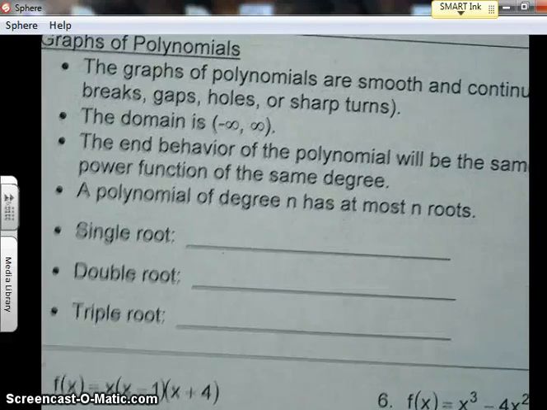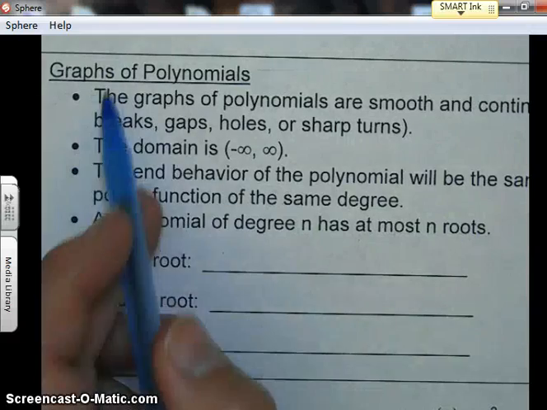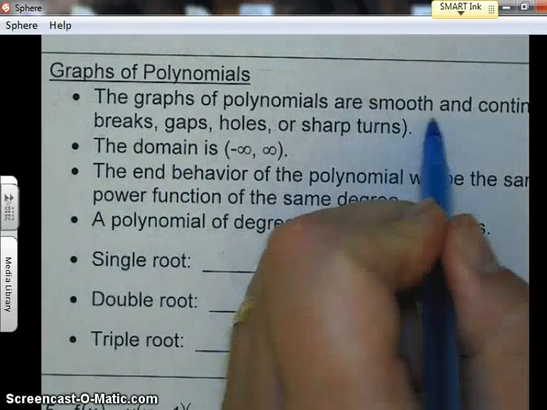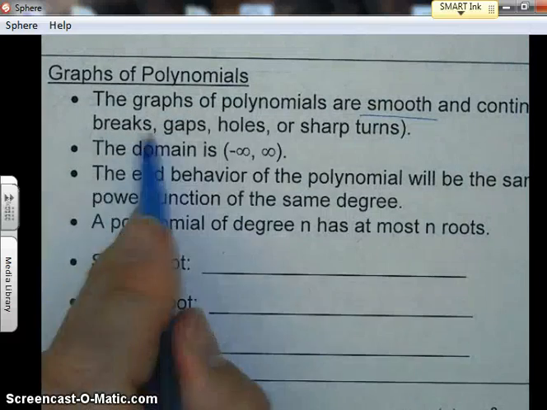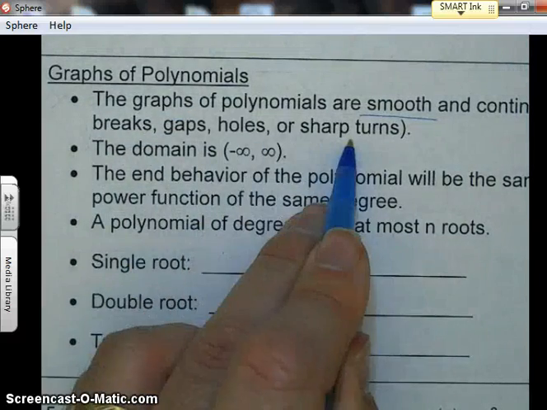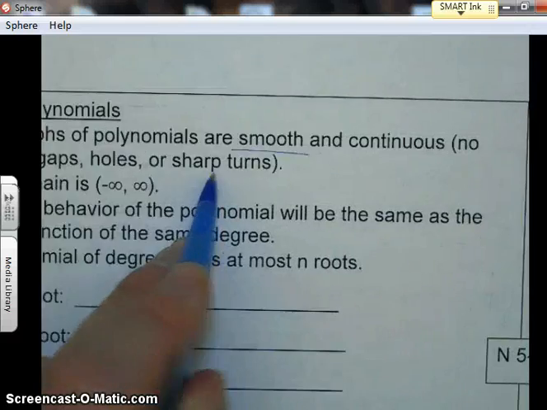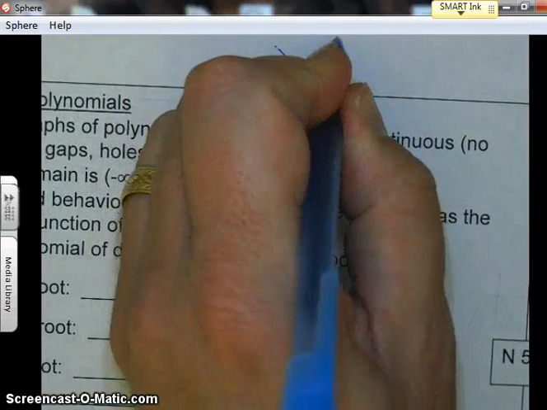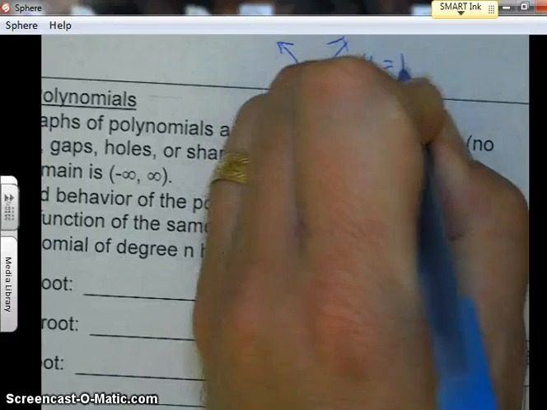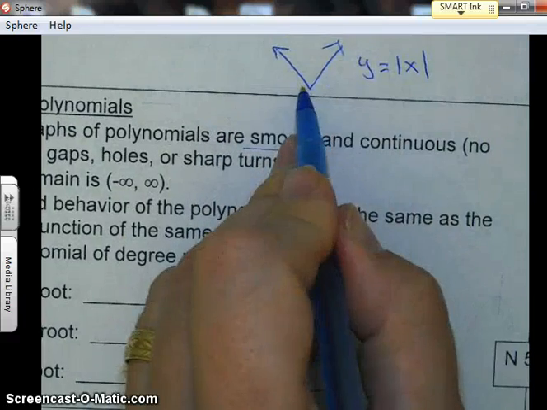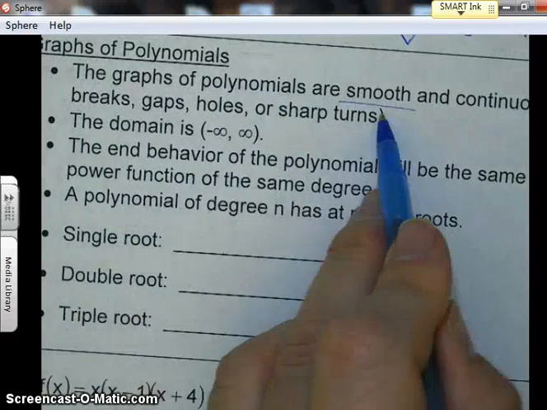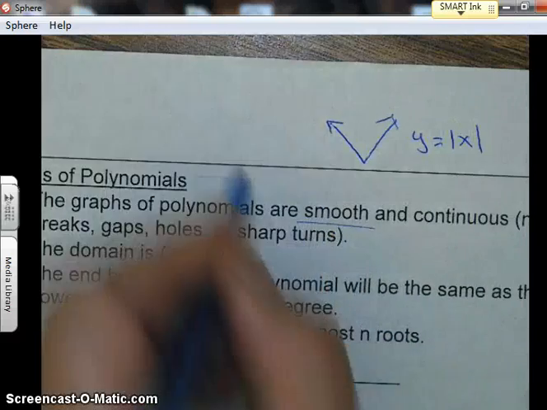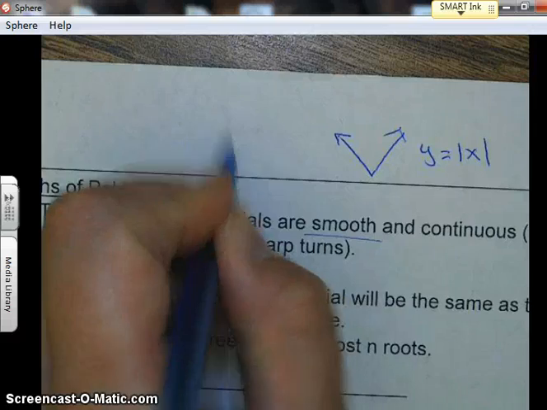Okay, so we got just about a minute left. And so just some information about graphs of polynomials. Graphs of polynomials are smooth. Okay, there's no breaks, gaps, holes, or sharp turns. So for example, that, which is y equals the absolute value of x, is not a polynomial. There's a sharp turn. Graphs of polynomials are smooth, just like our x cubed function.